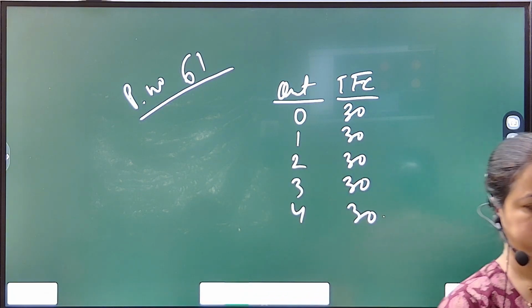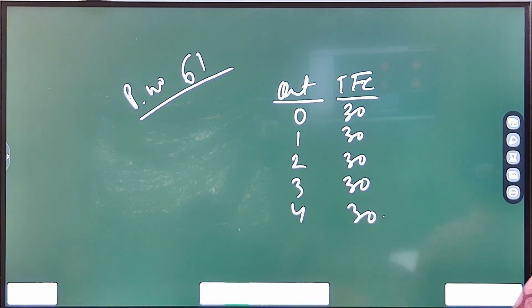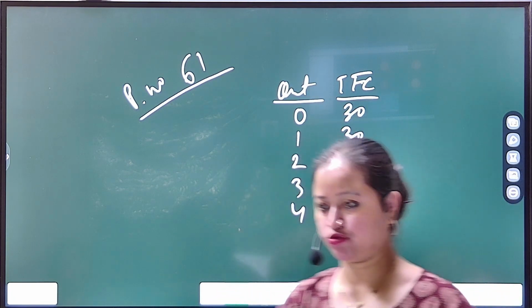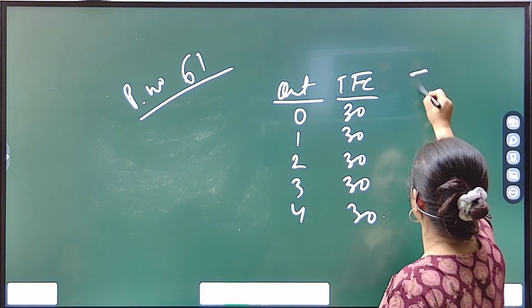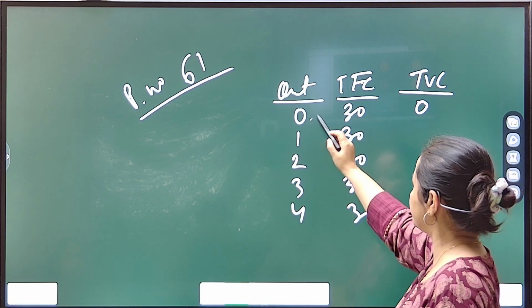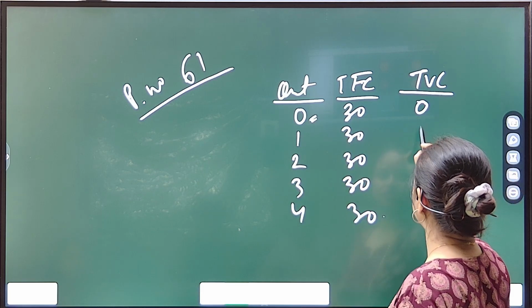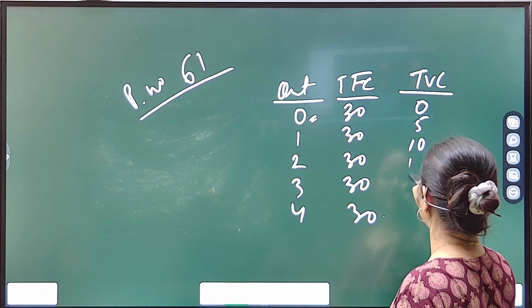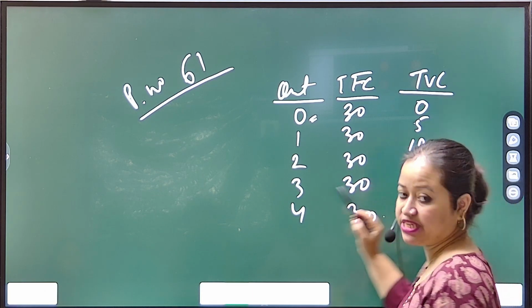Fixed costs do not vary with quantity of output. It will be fixed. Then variable cost varies with the quantity of output. So here TVC will be 0 at 0 output, and then it will keep on increasing, suppose 5, 10, 15, 20, this way.